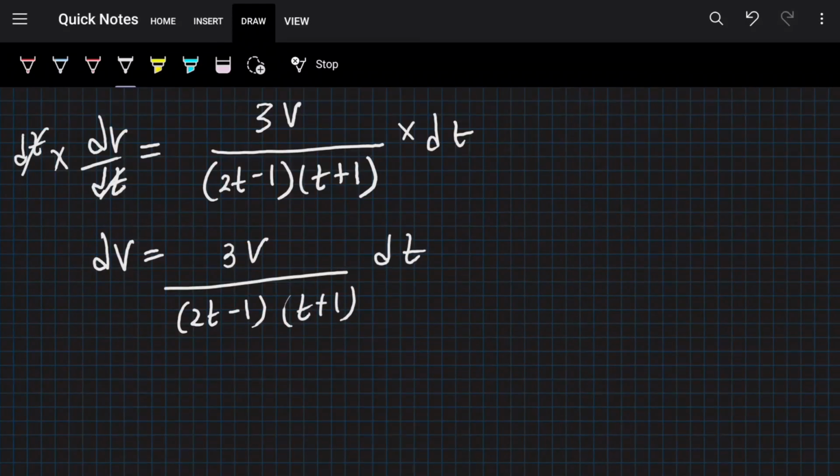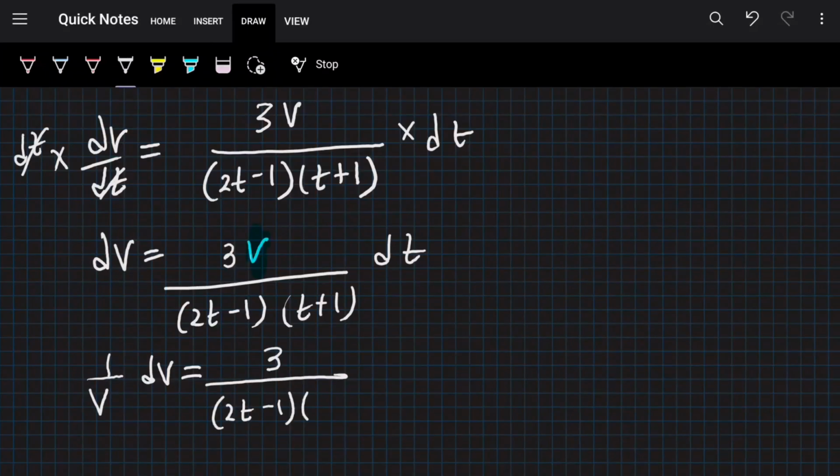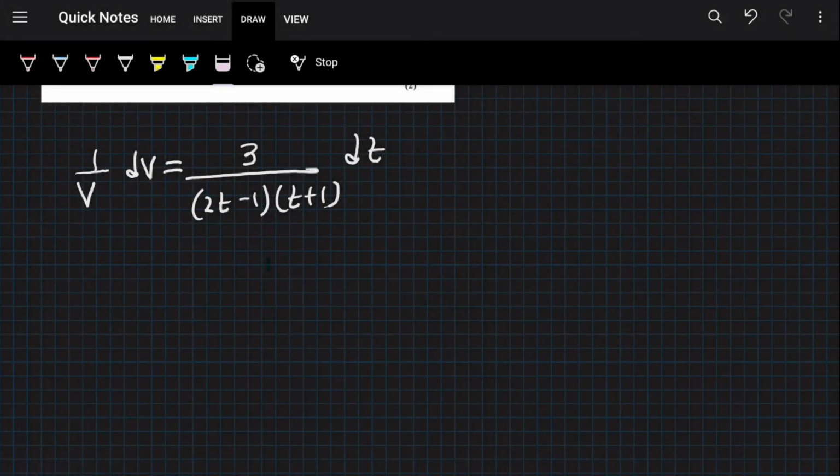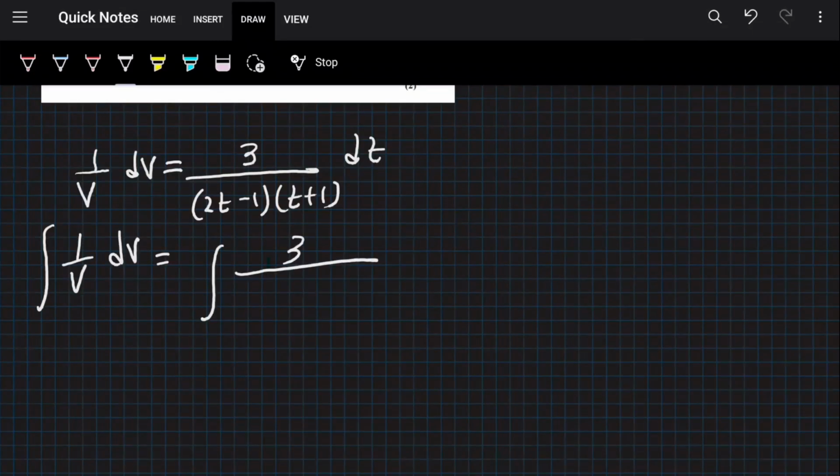But we have to get rid of this V, so we divide both sides by V, so we get 1 over V dV equals 3 over (2t minus 1)(t plus 1) dt. Now we integrate both sides, so we get the integral of 1 over V dV equals the integral of 3 over (2t minus 1)(t plus 1) dt.